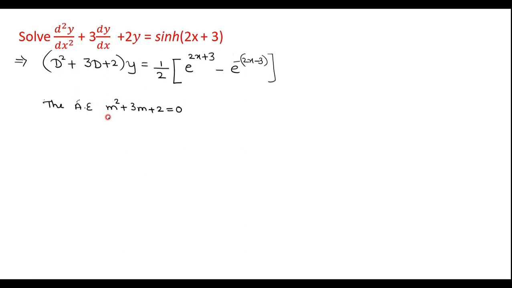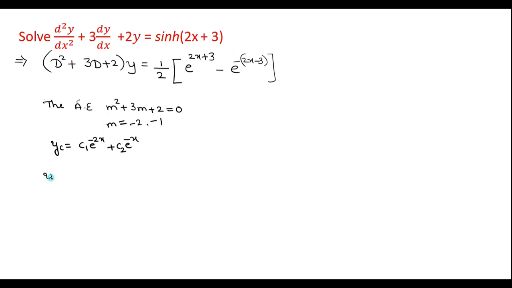So we have the roots as m is equal to minus 2 and minus 1. So these are non-repeated roots. The complementary function is c1 e raised to minus 2x plus c2 e raised to minus x. You can do this either by factorization or directly in the calculator.